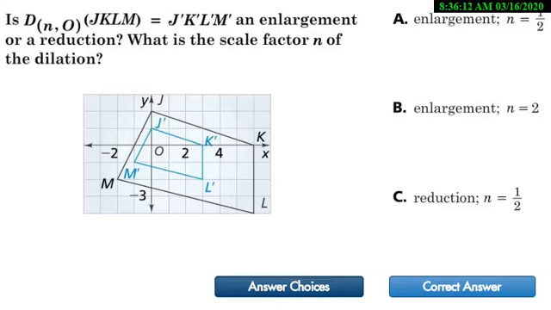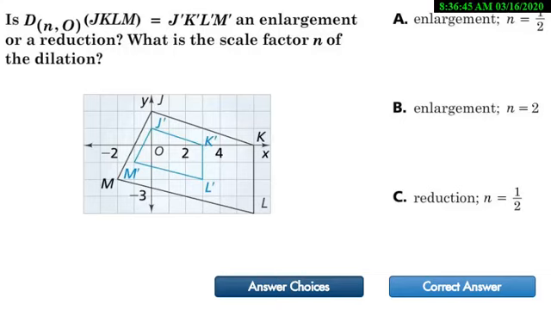We have to get the ratio between the image over the pre-image. The image is from O to K prime, which is 3 units, divided by the pre-image, which is OK, which is 6 units. So 3/6 in simplest form will be 1/2. And this is matching with what we said before.